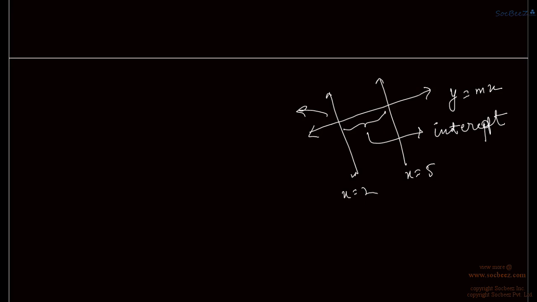This point has x coordinate 2, so substituting x equal to 2 in this line, y is 2m, so its coordinate is 2, 2m.